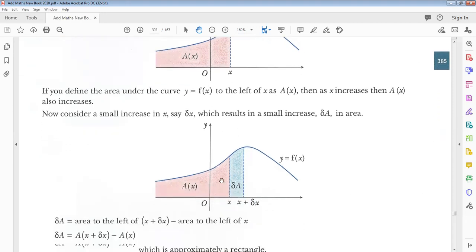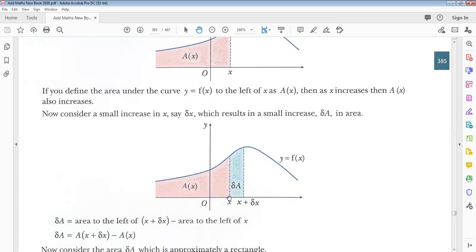So what if I take a very small portion of this area? Because area is a function of x, and so is the curve itself. Let me call this small portion of area delta A. And what will that be equal to?